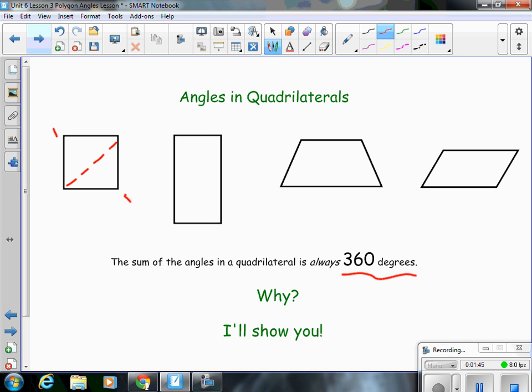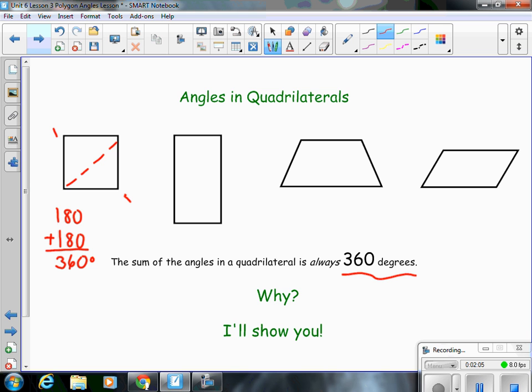And since I know that the sum of the angles in a triangle is always 180 degrees, now I have 2 triangles. So I have 180 degrees plus 180 degrees. And we know that that equals 360 degrees.